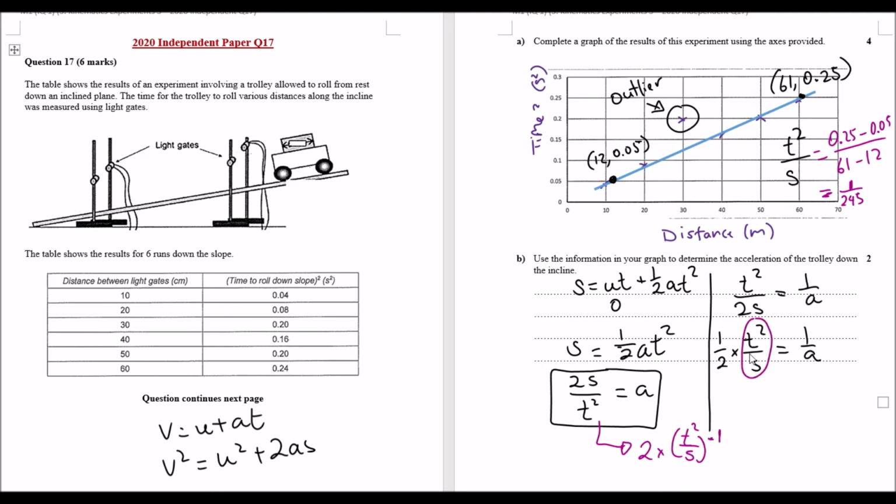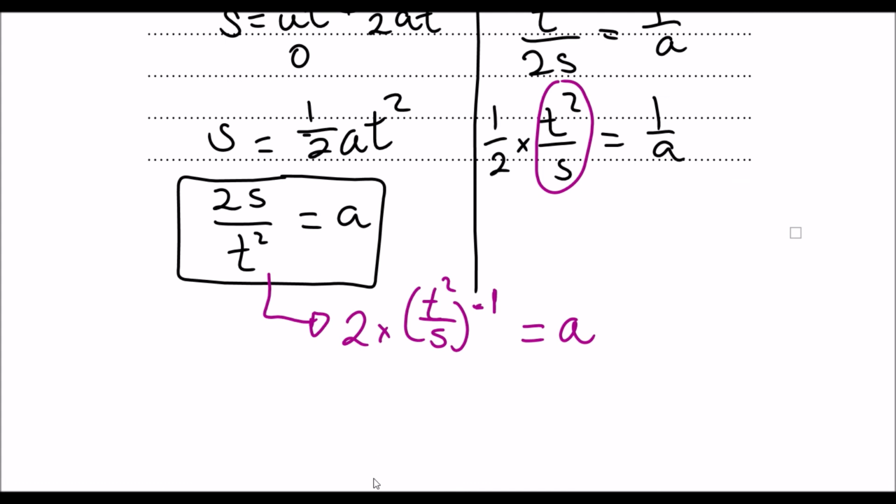As you can see, this part of my fraction is the inverse, or the opposite, of this part here. So if I substitute the value I got here and inverse it, I should be able to find my value for acceleration. So, 2 times 1 over 245 inversed gives acceleration.